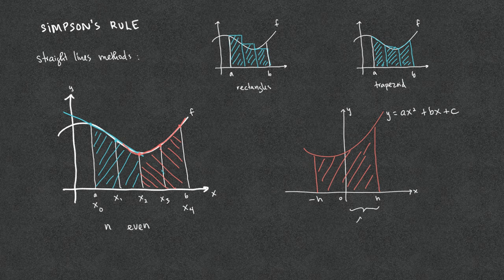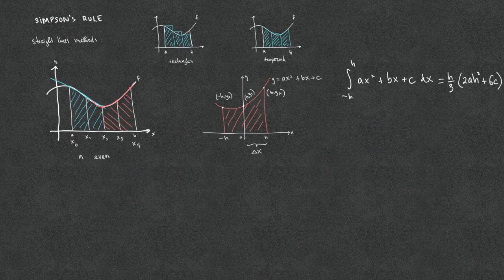We then integrate the quadratic equation over the interval negative h to h to obtain the area under the parabola. After that, we manipulate the coefficients y0, y1, y2. This process will give us the formula for the Simpson rule.